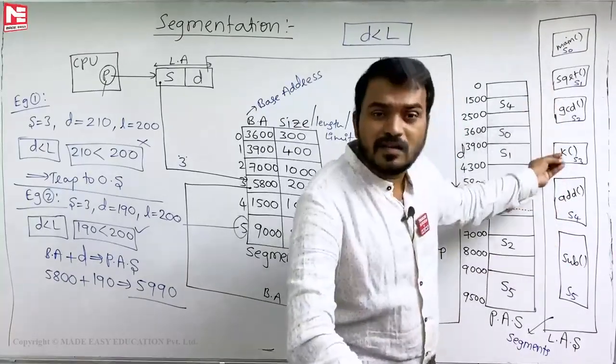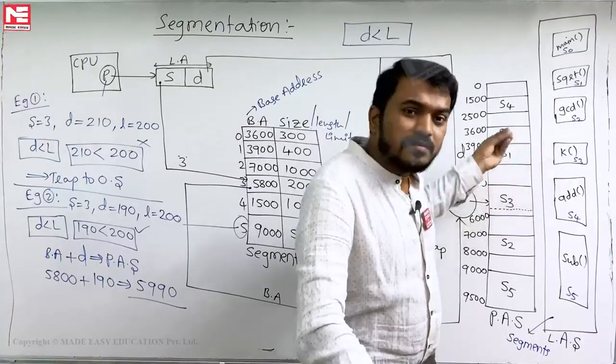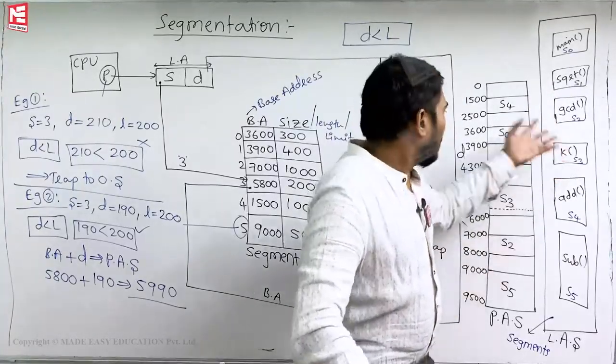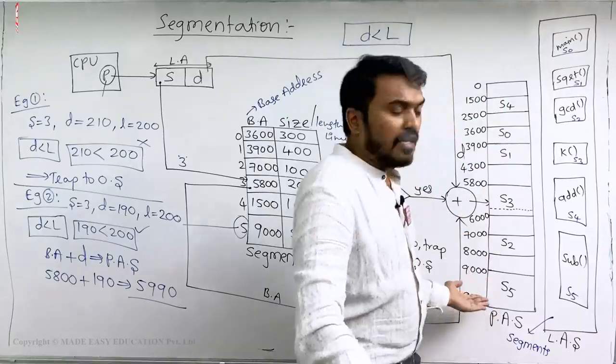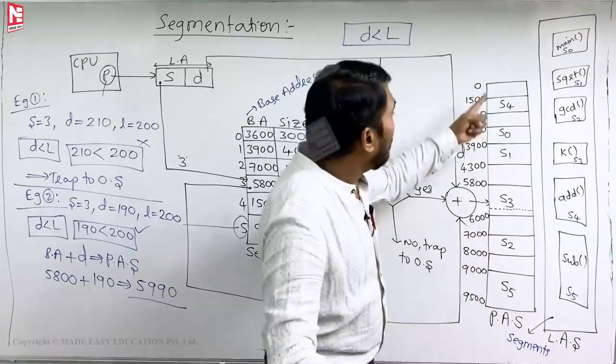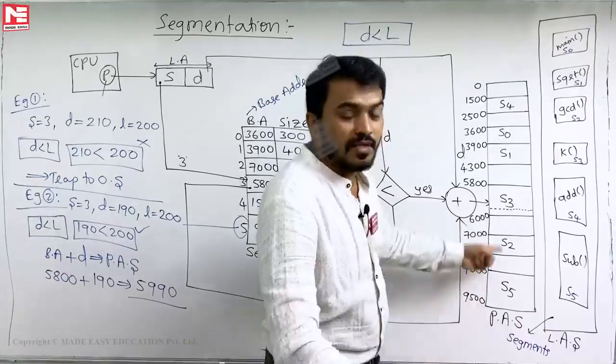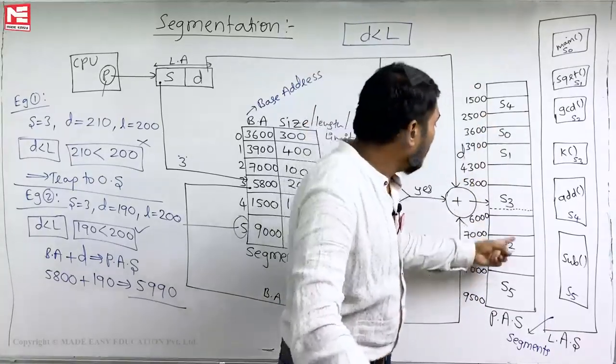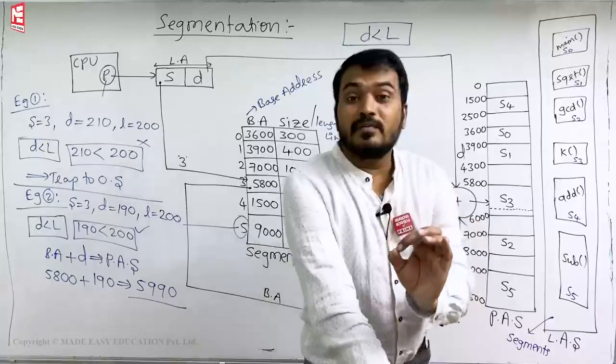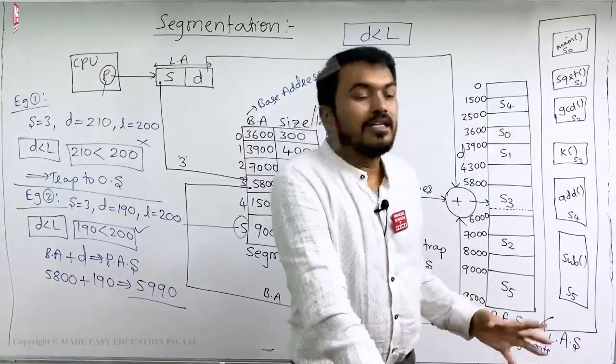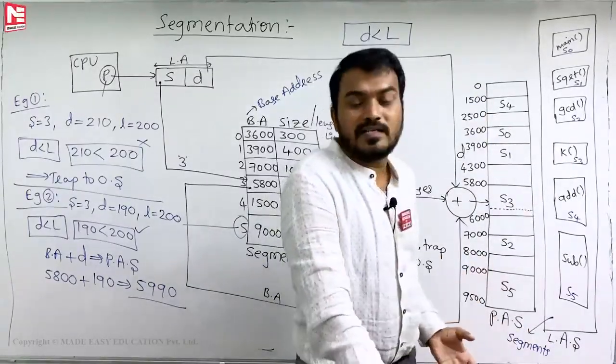Variable size segments are brought from the LAS to the PAS. So it is similarly behaving like a variable partition scheme.